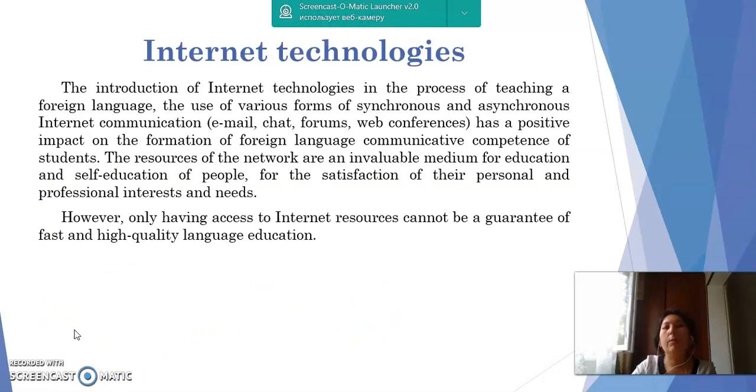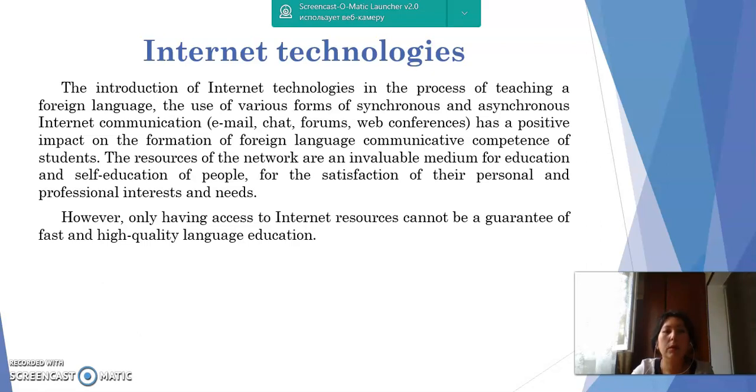So let's talk about internet technologies, the introduction of internet technologies in the process of teaching a foreign language. The use of various forms of synchronous and asynchronous internet communication like email, chat, forums, and web conferences has a positive impact on the formation of foreign language communicative competence of students.